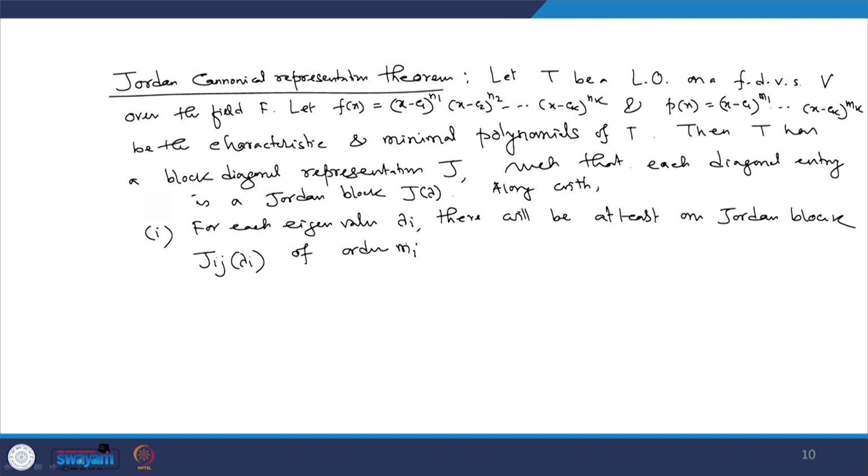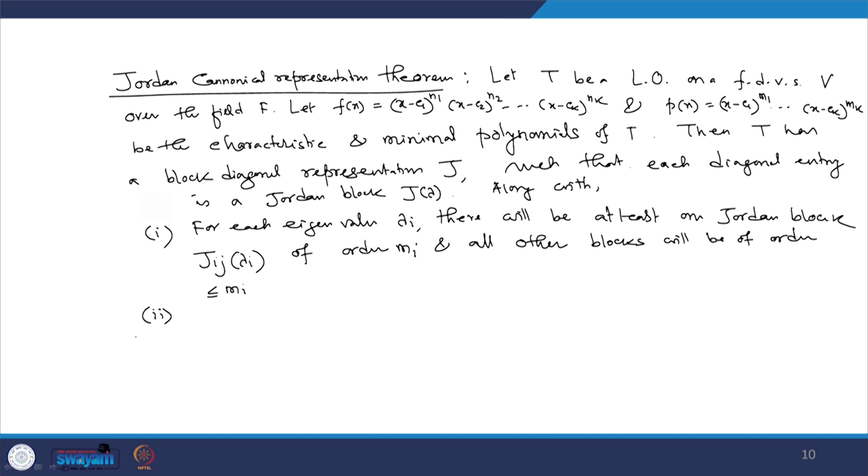That is basically the power of x minus ci in the minimal polynomial, and all other blocks will be of order less than or equal to mi.